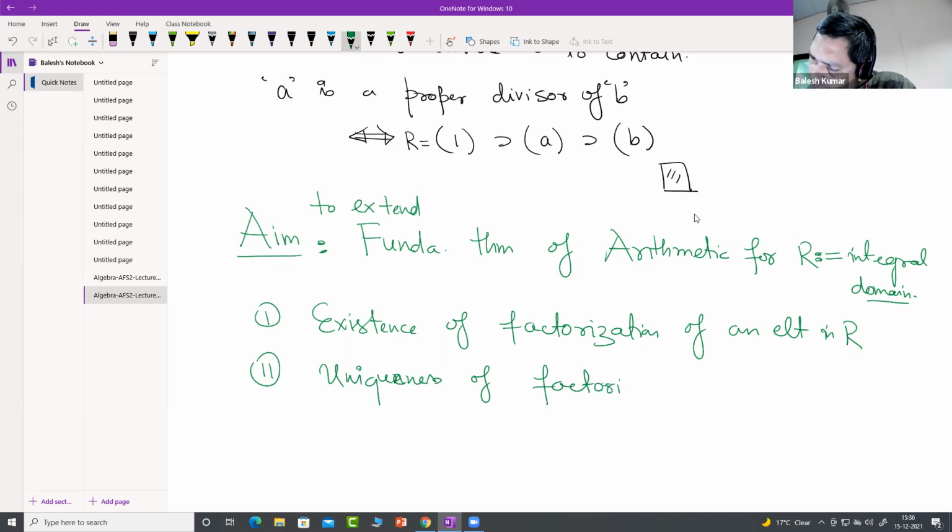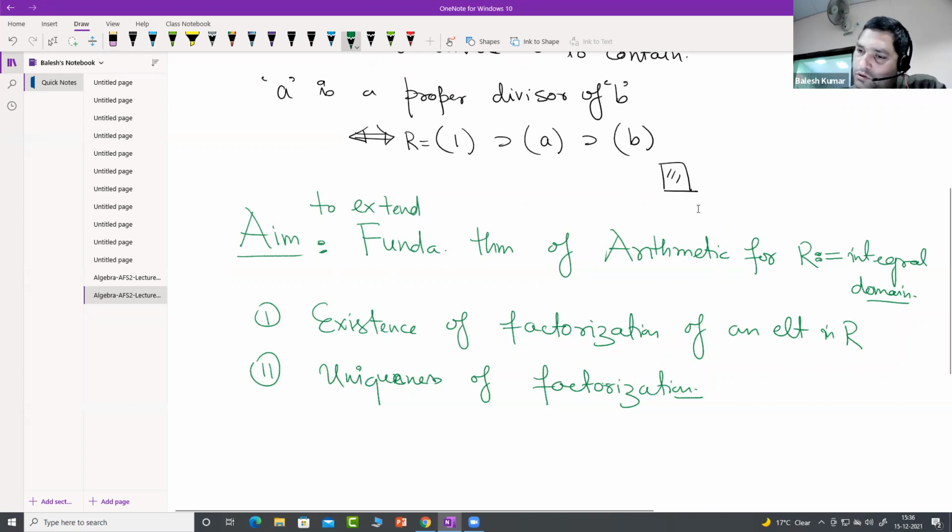What do we mean by the existence of factorization? As in the case of the ring of integers or a polynomial ring over a field, any element can be written as a product of irreducible elements, and the factors are finitely many.